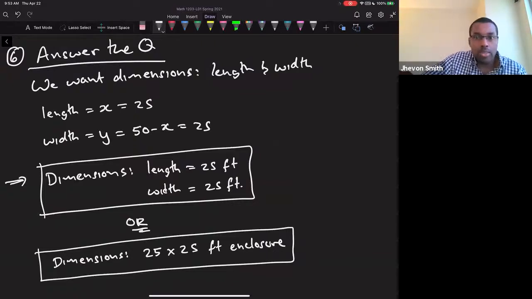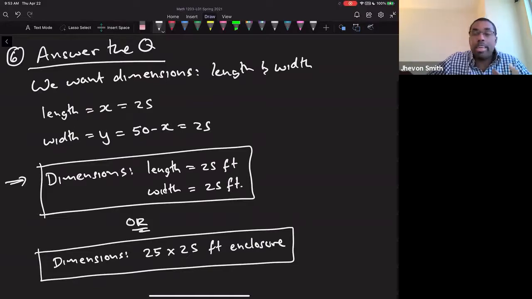It could have asked, what is the maximum area? In which case I would take 25 times 25, which is 625. In step 6, I would tell them 625 square feet is the answer.